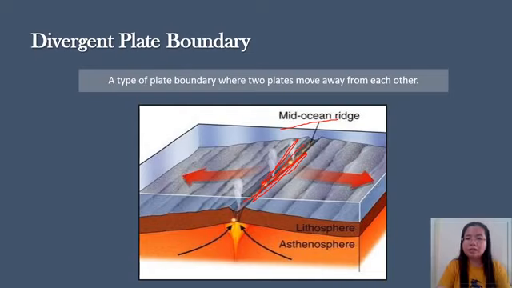The Mid-Atlantic Ridge has developed as a result of divergence between the Eurasian and North American plates, as well as the South American and African plates. It's a very long underwater mountain system running through the center of the Atlantic Ocean. So again, don't forget divergent plate boundary: plates moving away from each other. Let's now continue.